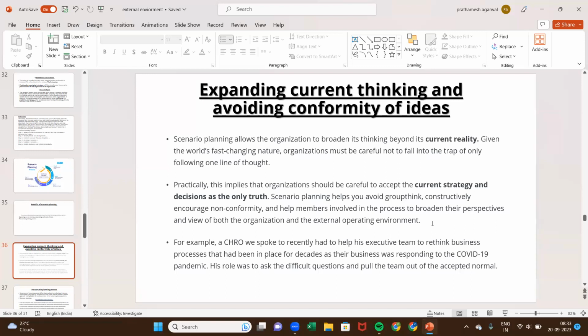Let's accept the present situation and the decision according to the present situation. Now, you know what happens? The future is very uncertain, right? The future is very uncertain.